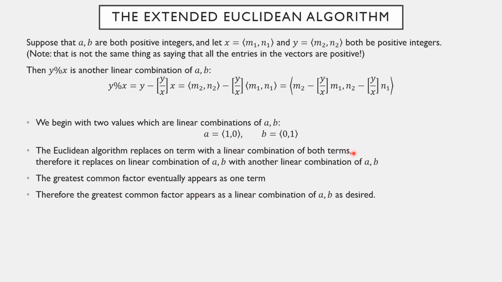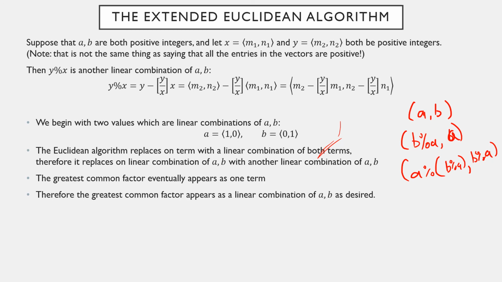But as I apply the Euclidean algorithm over and over again, I'm taking the GCD of two things that can be represented as vectors. a and b can both be represented as vectors. This remainder can be represented as a vector, and so can a. Then this remainder can be expressed as a vector, and so forth and so forth.